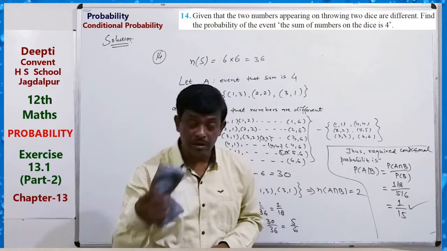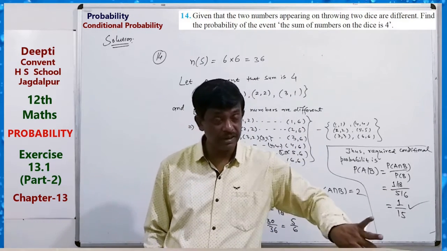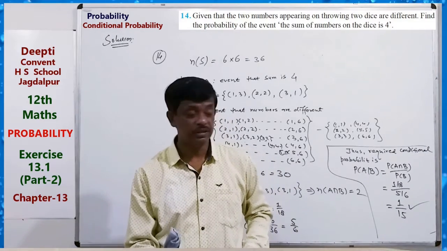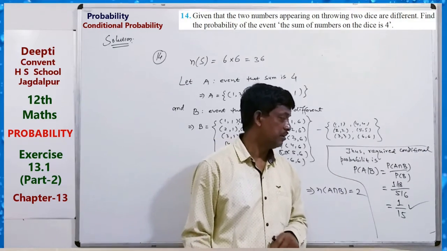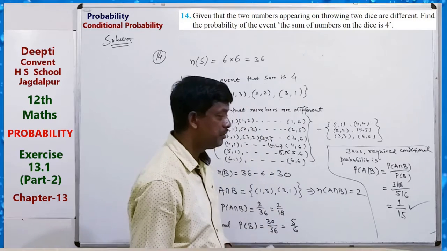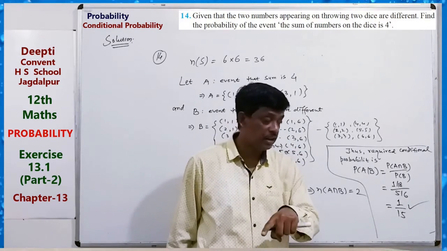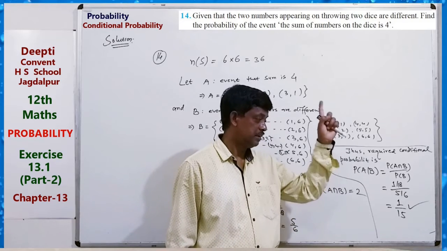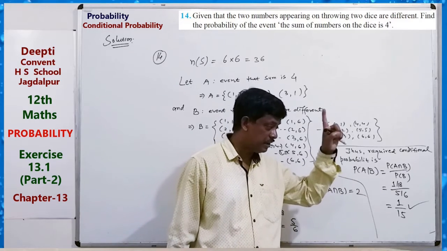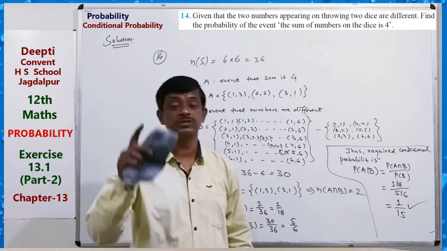If any other number occurs, except 3 and 6, then toss a coin. Find the conditional probability of the event that the coin shows a tail, given that at least one die shows 3.